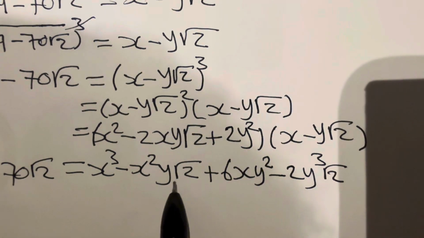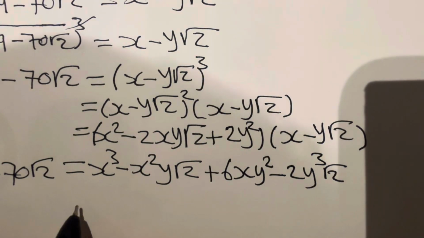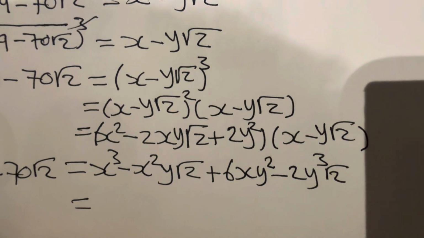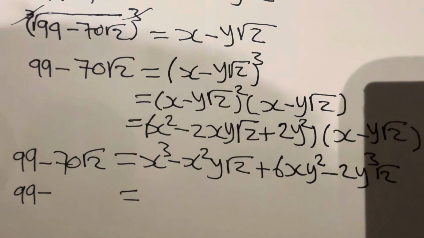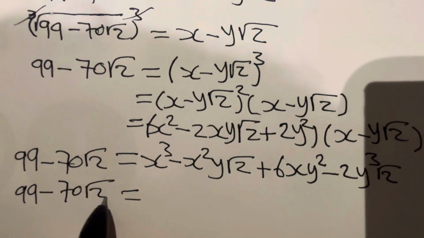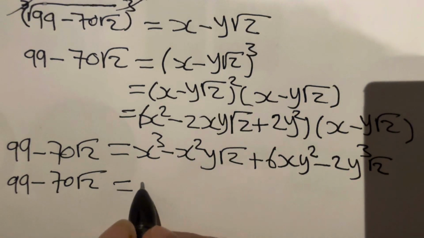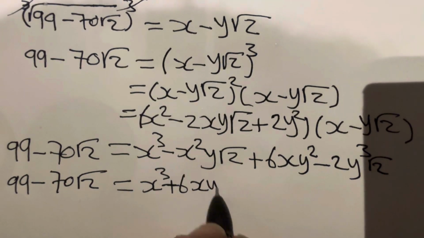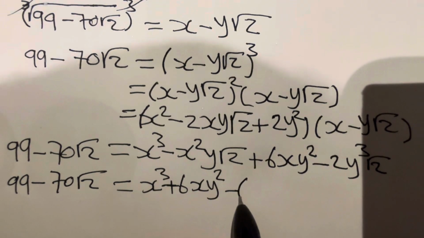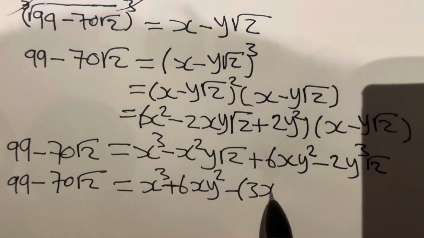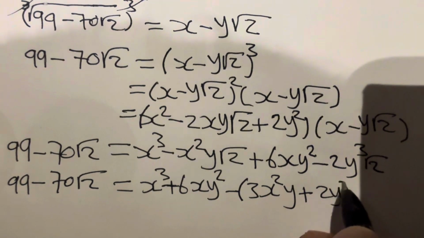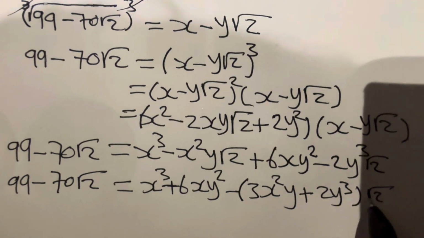So if we take root 2 out as a common factor, we get 99 minus 70 root 2 equals bracket x cubed plus 6x y squared minus bracket 3x squared y plus 2y cubed bracket root 2.